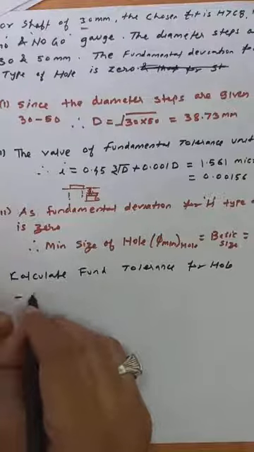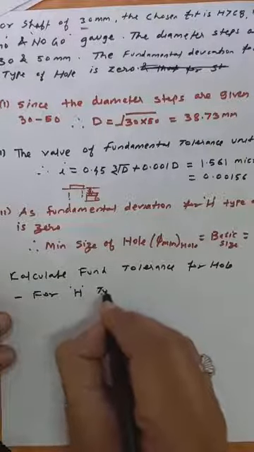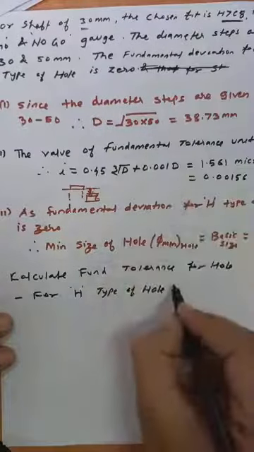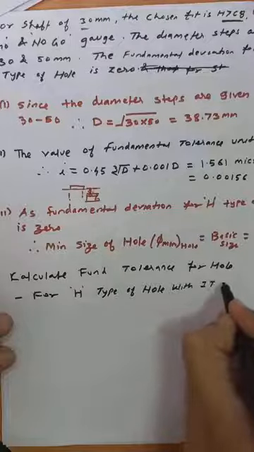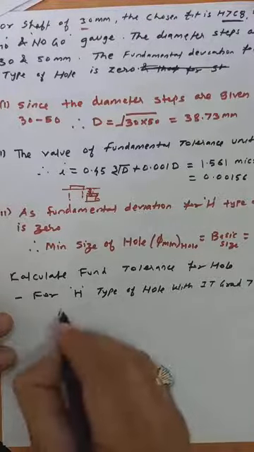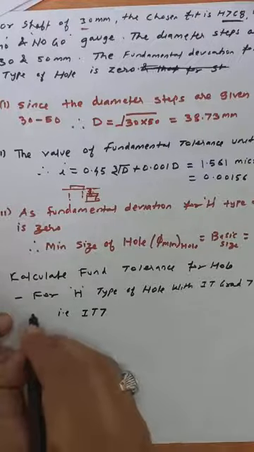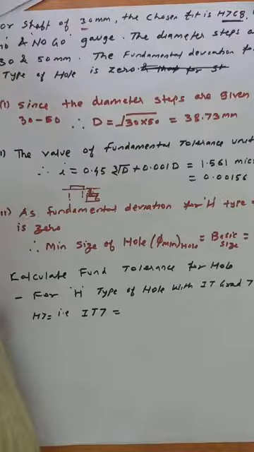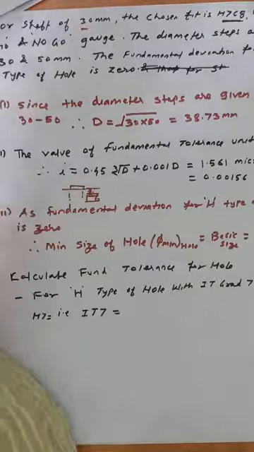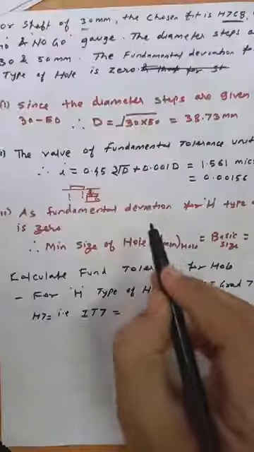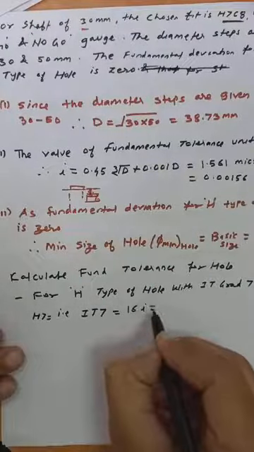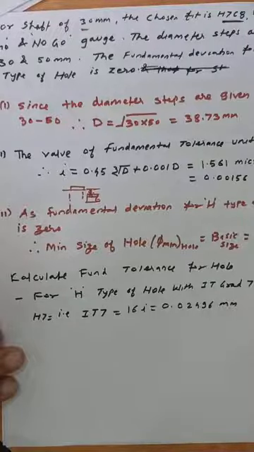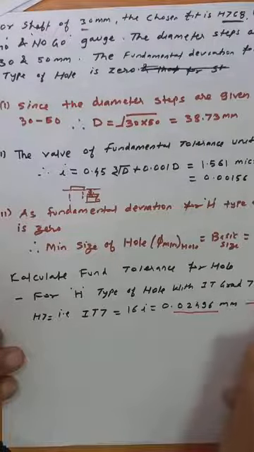We know that for H type of hole with IT grade 7, that is IT7, for H7, IT7 is equal to 16I from this formula, which comes to be 0.02496 mm. This is the hole tolerance.